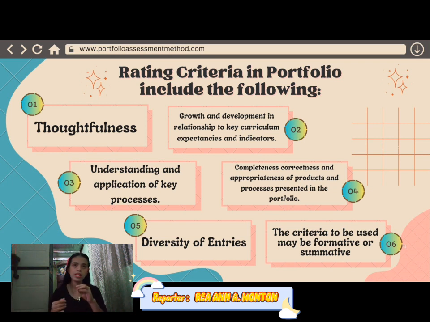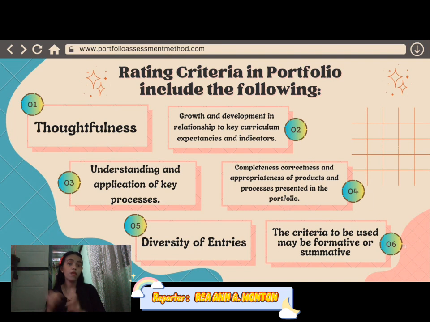So, kaya po siyang kind of criteria is that it has formative and summative. So, what is this all about? So, if we talk about formative, it talks about which means throughout the instructional time period. While summative, it means as part of cumulative project, activity, or related assessment to determine the extent to which identified curricular expectancies, indicators, and standards have been achieved.